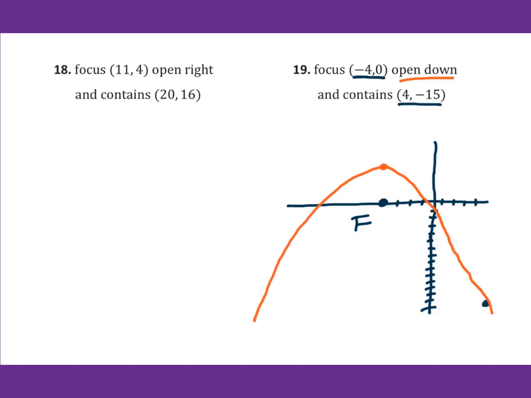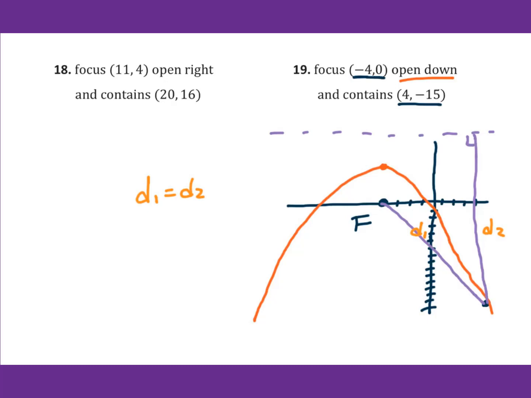The distance between the focus and this point, suppose this one is the directrix, will be equal to the distance to this directrix. So we label here D1. This is D2. D1 equals D2. That's the definition.